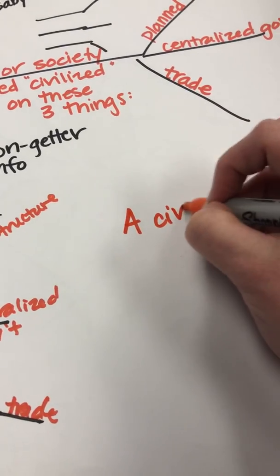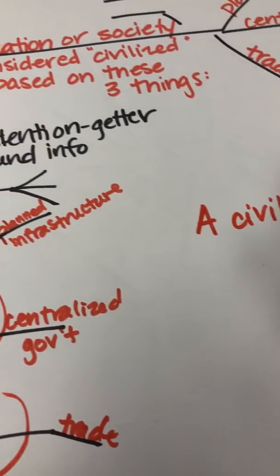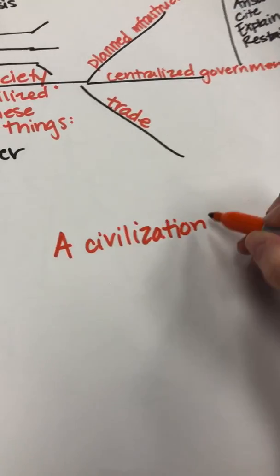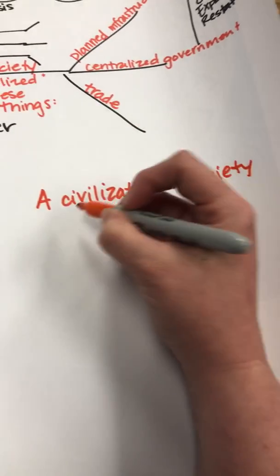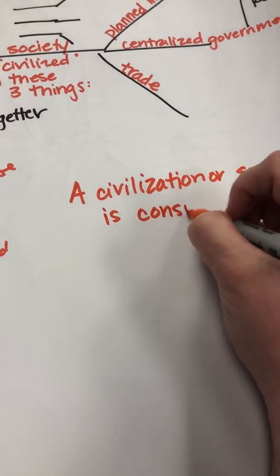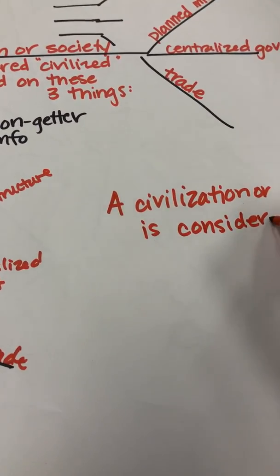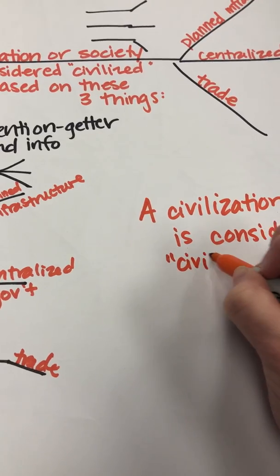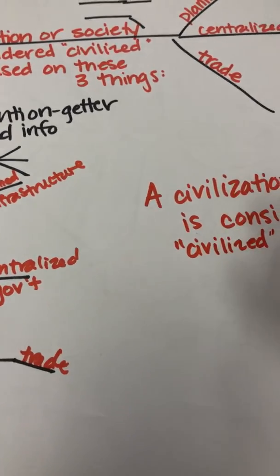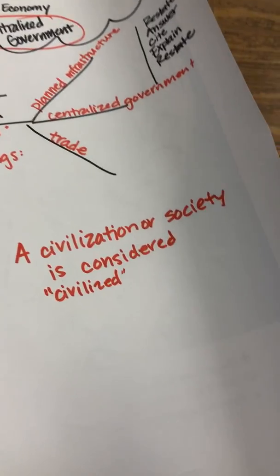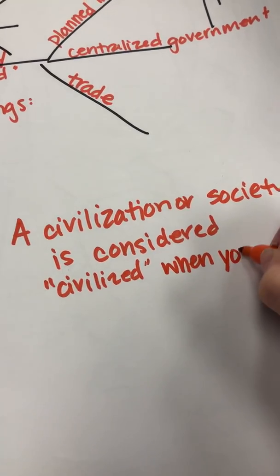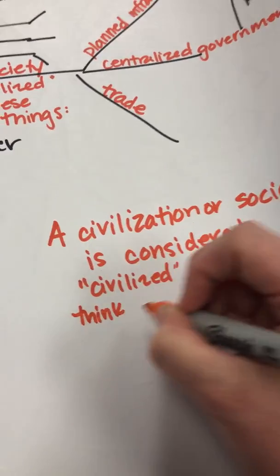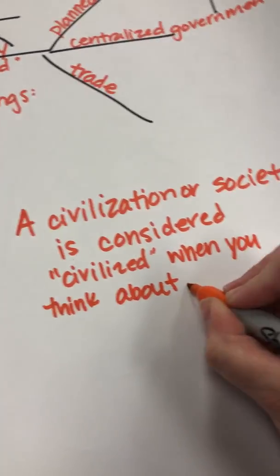A civilization or society is considered civilized when you look at, analyze, consider, think about, however you want to word that, when you think about blank.